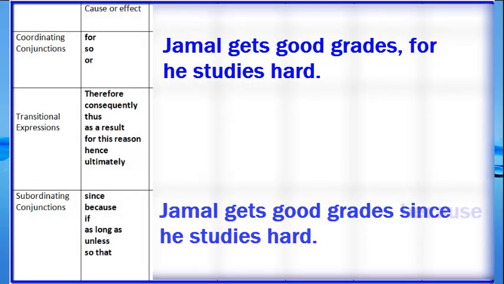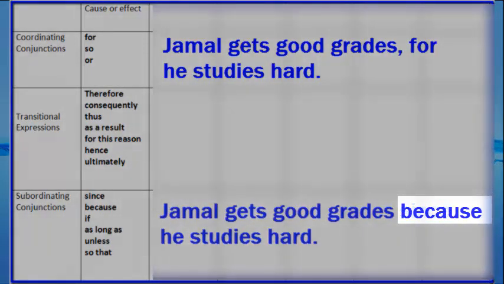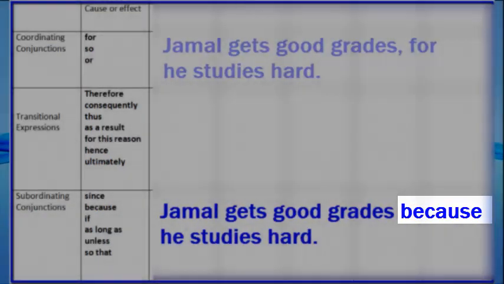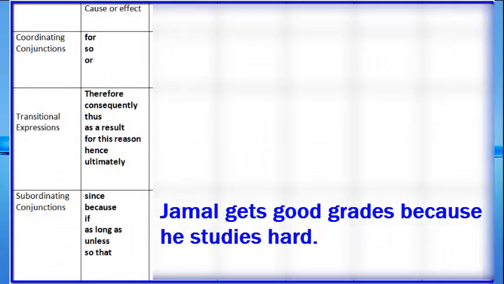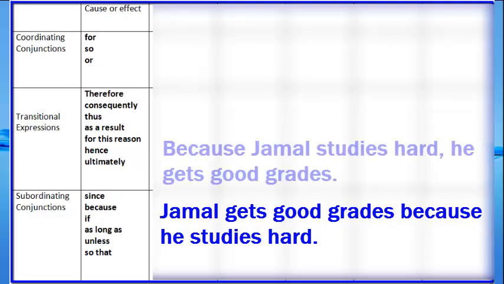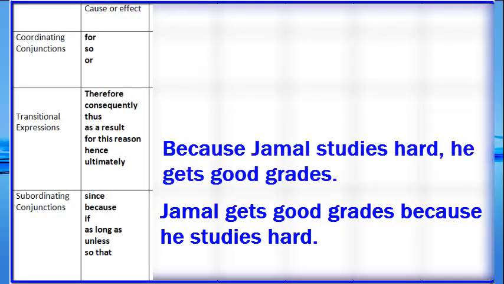In the second sentence, the subordinating conjunction because can replace the subordinating conjunction since. As always, the dependent clause can come before the independent clause, as in, because Jamal studies hard, he gets good grades.